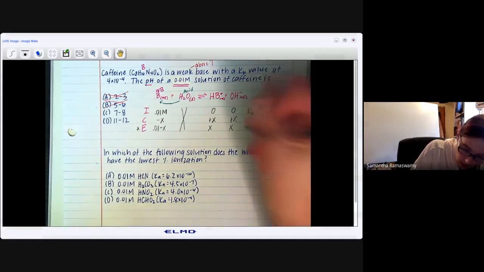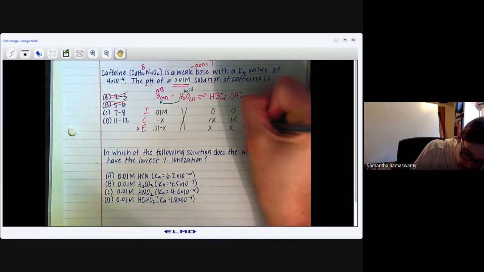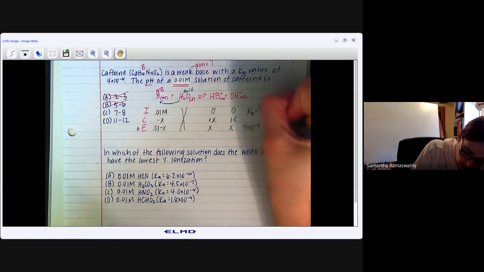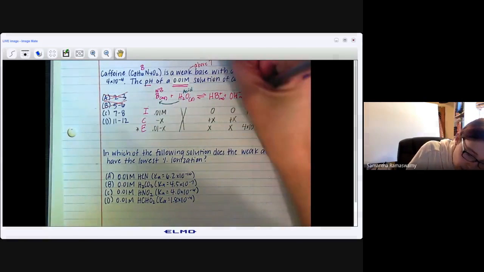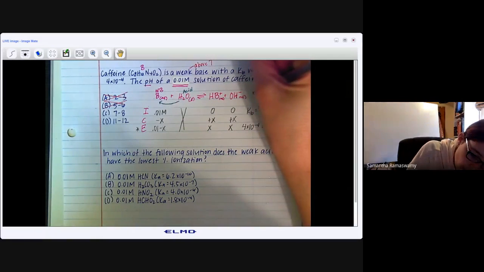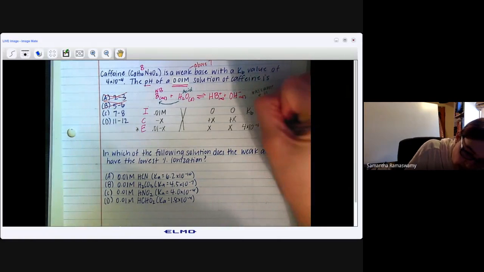So it says that the KB value is 4 times 10 to the negative fourth, and that's x squared over 0.01 minus x. So if we assume x is small, we can ignore this minus x.